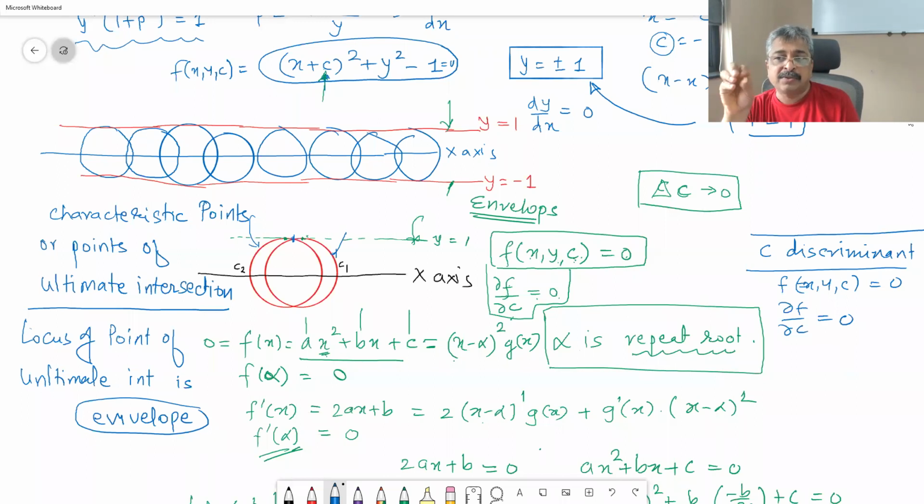Two neighboring curves, when their values of constant differ by a very small amount, are called neighboring curves. These two neighboring curves will intersect at some point, like in this diagram they are intersecting here.